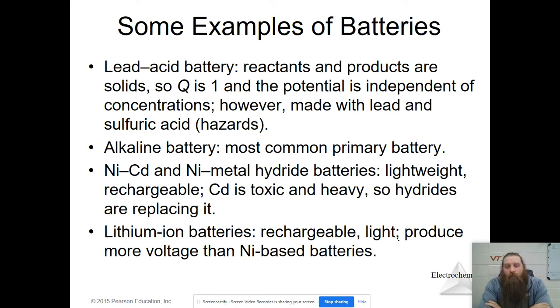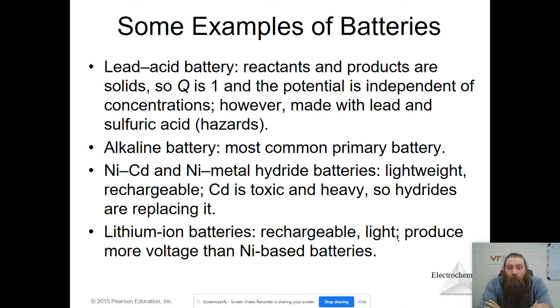So the fact that cadmium is a toxic heavy metal and that it increases the mass of the battery is not a big deal in one battery, but when you make 1.5 billion, that adds up. Nickel hydrides are somewhat lighter than nickel cadmiums, so they are replacing them.